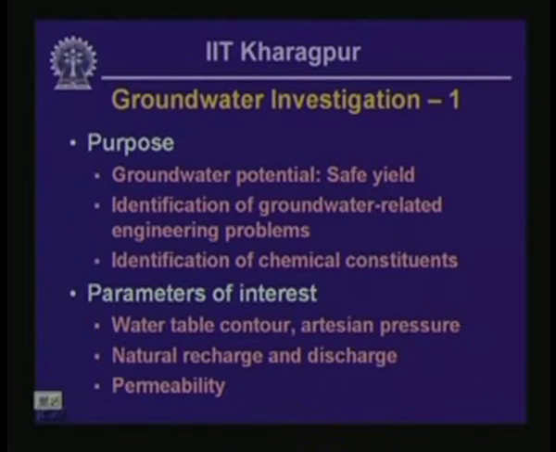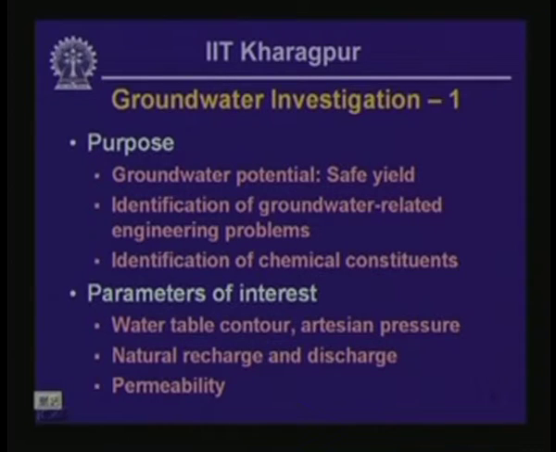In order to do that, we not only need investigation of the subsurface groundwater condition, we also need to have some handle on the meteorological aspects, some idea about the weather pattern that is prevalent in the particular region of interest.